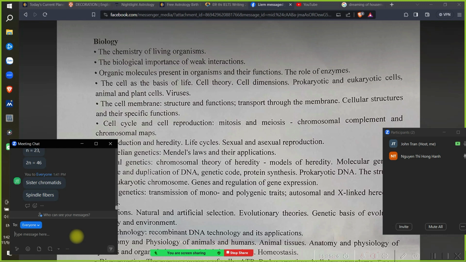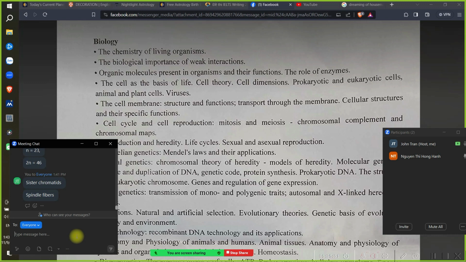The next one is metaphase 1. In this phase, the maternal and paternal versions of the same chromosomes, I think they call them homologous. It's called homologous.